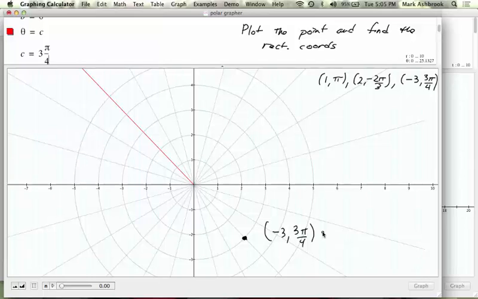Are we good on these? Can we go on? For the second. And then hopefully for that first one you didn't need any formulas when you wrote it in rectangular coordinates, right?